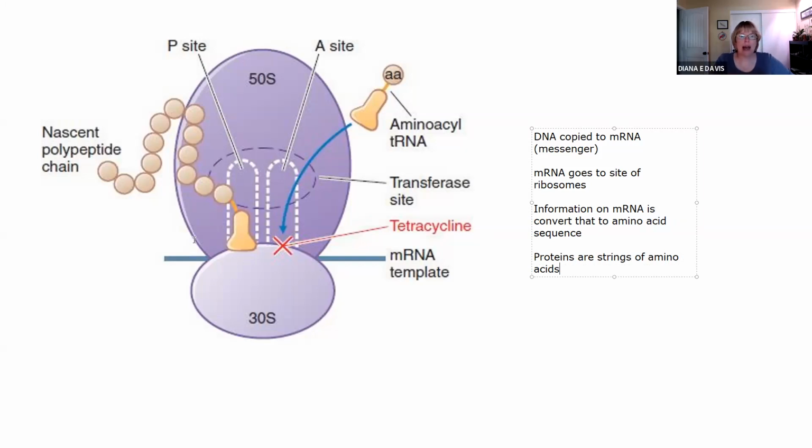In order to do that, there are pockets on the ribosome where molecules can bring in the new amino acids to attach to that growing peptide chain. So they're bringing in the new material to add to that chain. And things like tetracycline can fit into that pocket, which means that this new amino acid cannot be brought in. So tetracycline literally clogs up the machinery that manufactures proteins.